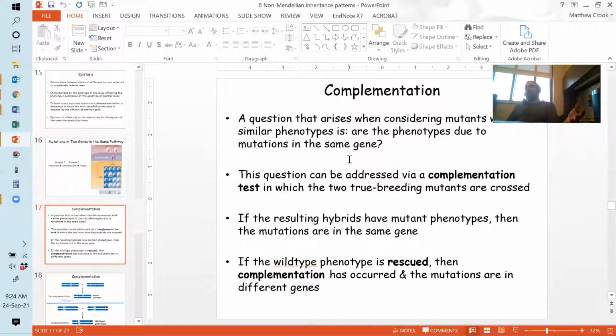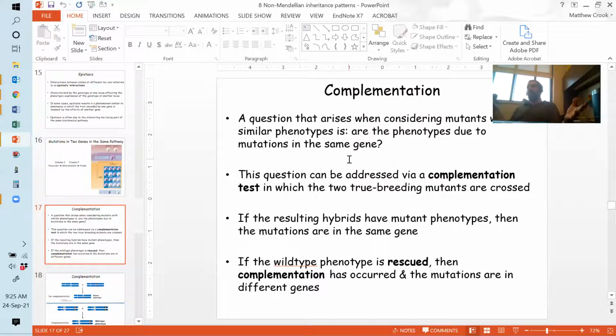And then the question is, well, they all produce the same phenotype. Is that because all of these alleles are in the same gene? Or do I have alleles in multiple genes which are involved in the same process? And then you go back to the epistasis approach to figure out how those interact.